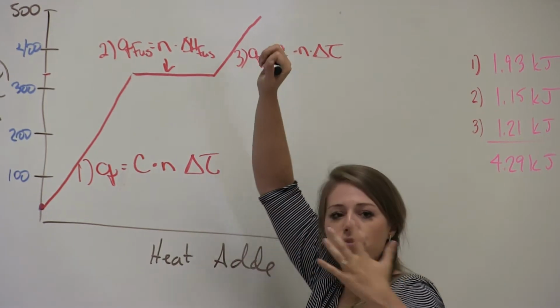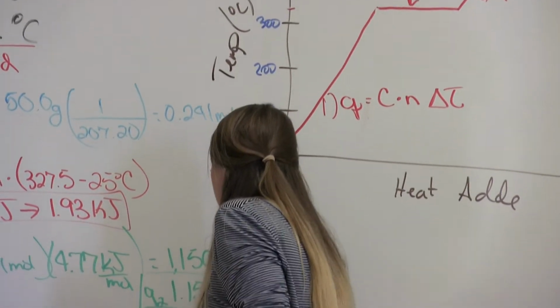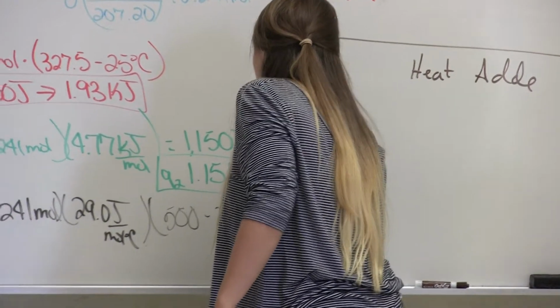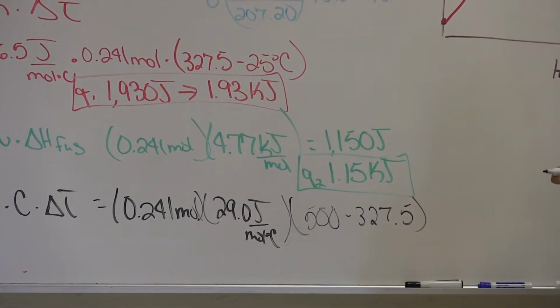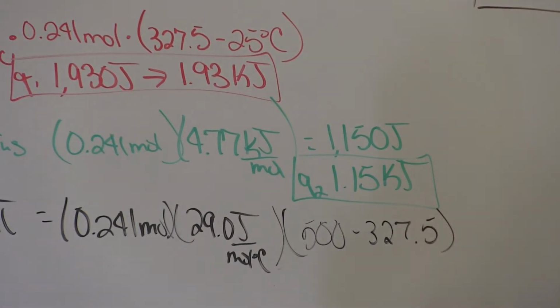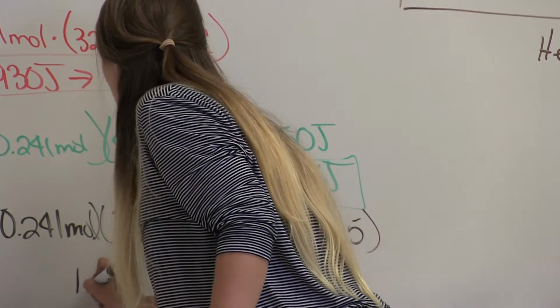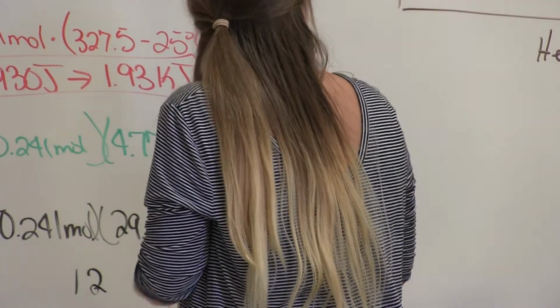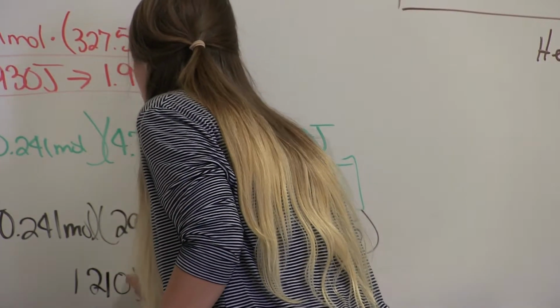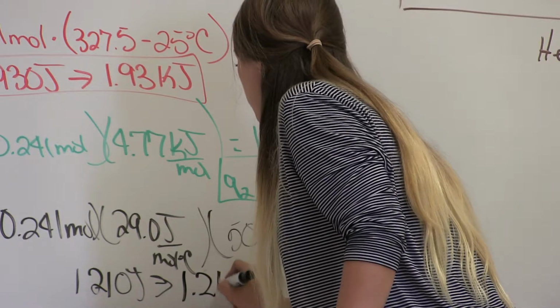So we remember final minus initial. So this is going to be 500 minus 327.5. Okay, so if we punch all of that into the calculator, we'll get that the heat required to change the temperature will be 1,210 joules, which if we convert that to kilojoules, we're going to get 1.21 kilojoules.